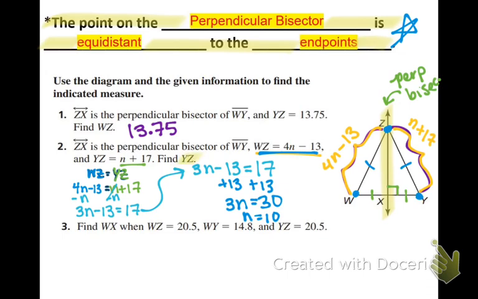Earlier we found YZ was equal to n plus 17. So instead of n, we're going to plug in our n, which is 10. 10 plus 17 is 27. So YZ equals 27.